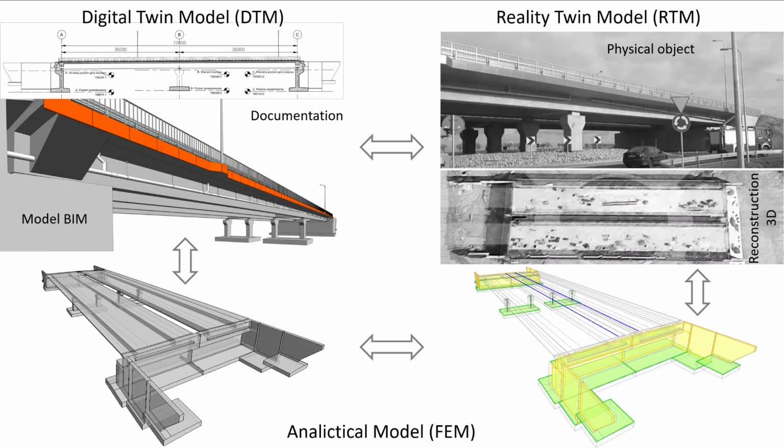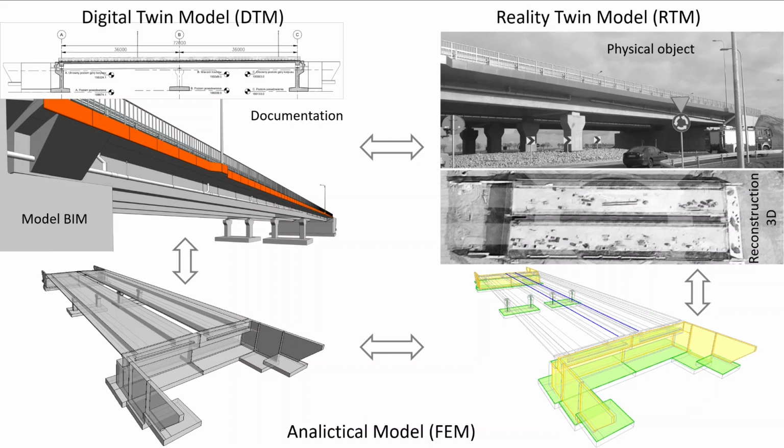The results of each subsequent reconstruction are compared with the last version of the RTM model. On this basis, an automatic report is created containing the identified differences that may suggest damage. Besides these, models must be supplemented with a FEM analytical model, which is used to assess the impact of the damage found on the structure's load-bearing capacity and other performance properties.